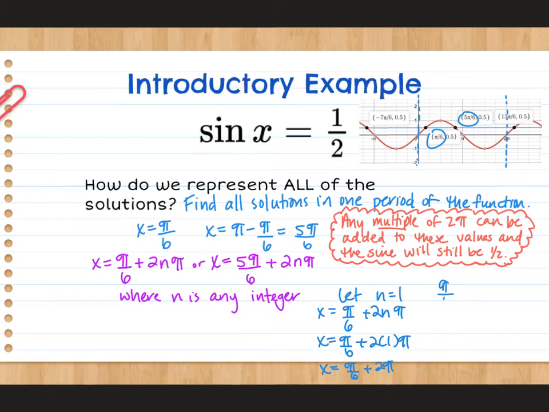And pi over 6 plus 2 pi is pi over 6 plus 12 pi over 6, which is 13 pi over 6. And as you can see here, that is the next solution in the list. So we can see that that formula will work there.